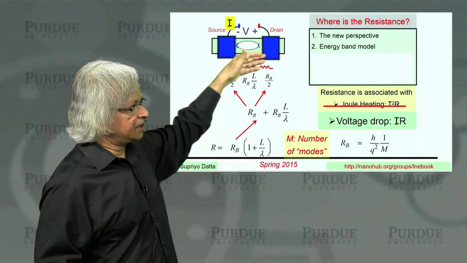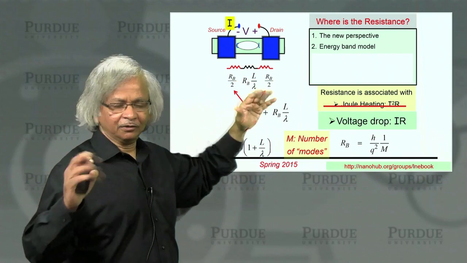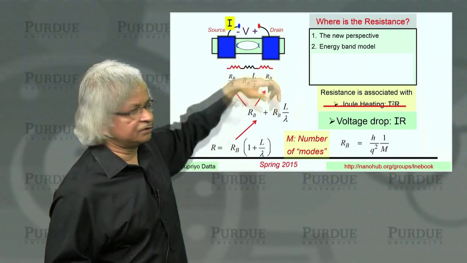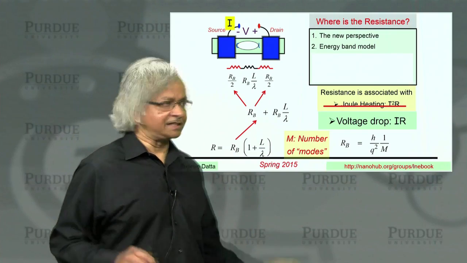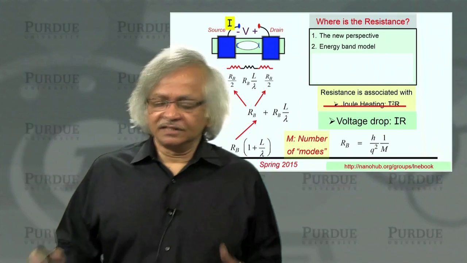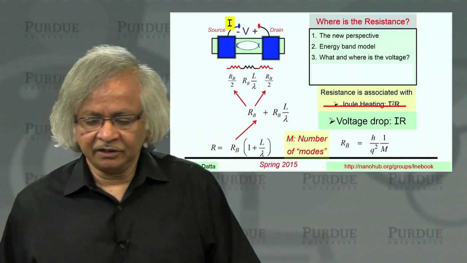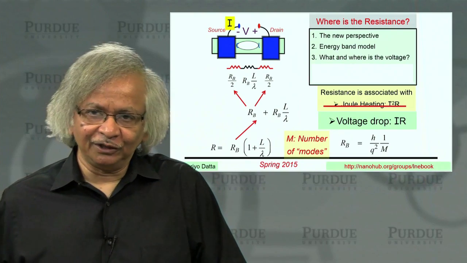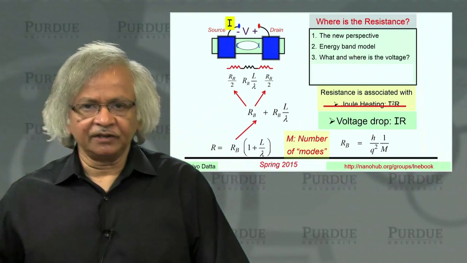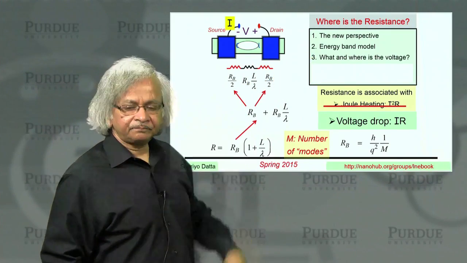Because when you run a current through a series circuit like this, what you all know is the voltage drop in different regions is proportional to the resistance of that region. It's this I times R. But this brings up many subtle conceptual issues, and that's what the third unit is about: what and where is the voltage? What is it that you should identify as the voltage, and how does it actually change inside the structure? That's what we'll talk about here.